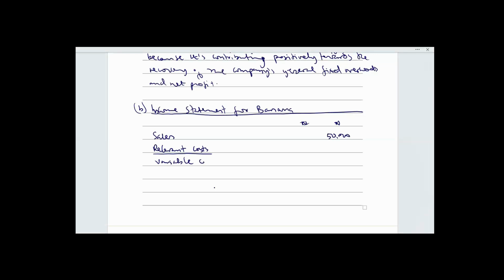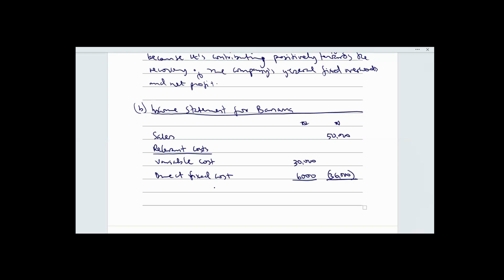So variable cost is 30,000. Direct fixed cost, 6,000 naira. Okay, that's 36,000.